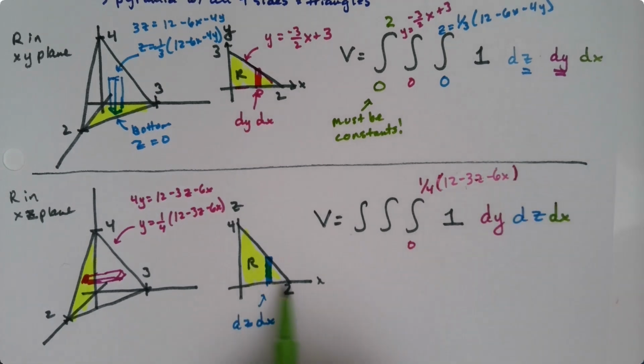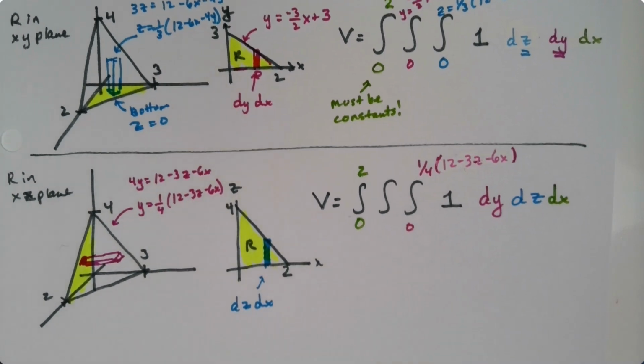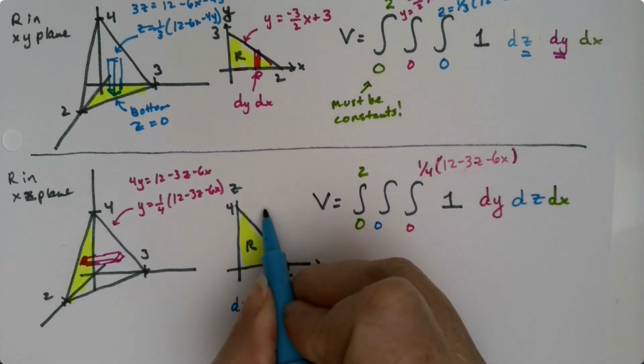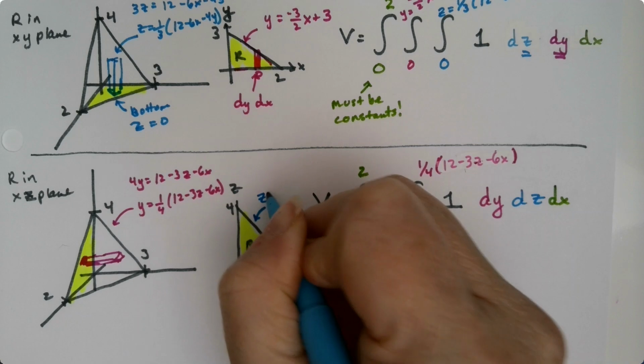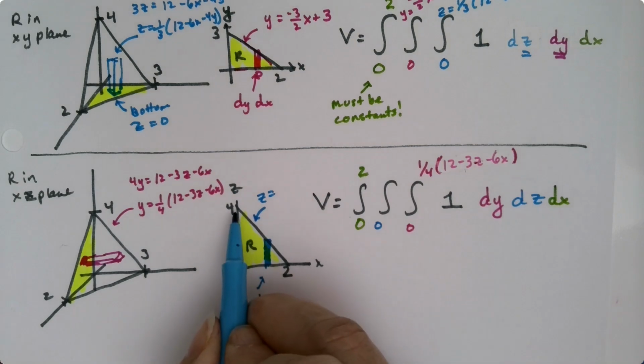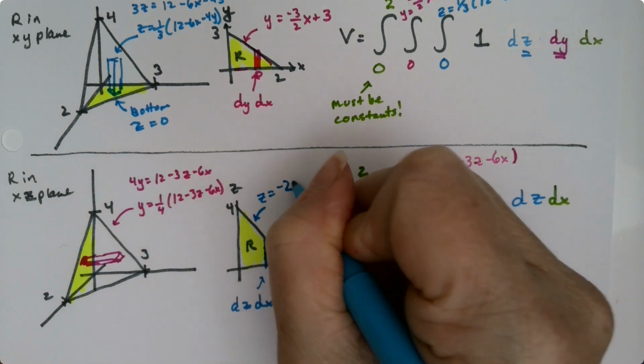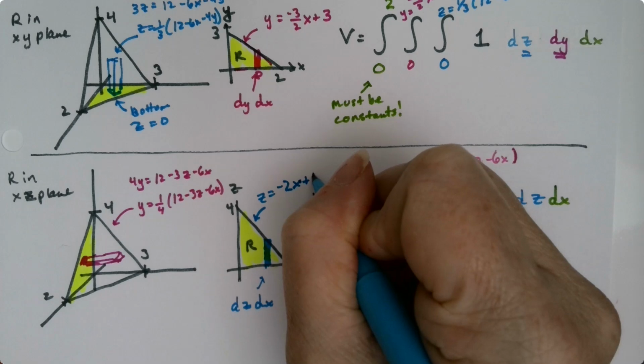Now x is 0 to 2 still, because constants, no trouble. Z, well, we need to come up with the equation of a line. It starts down here at 0, and it's hitting this line at z equals, the y-intercept is 4. We drop 4 over 2. So that's negative 4 over 2. So that's negative 2x plus 4.